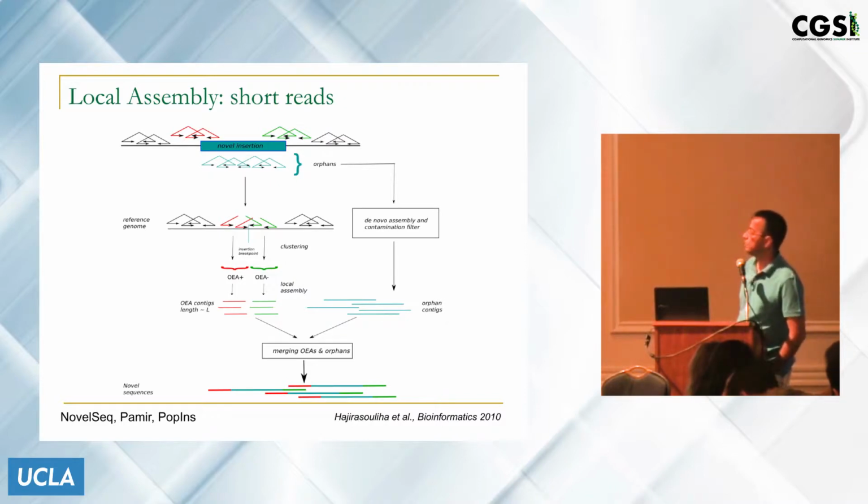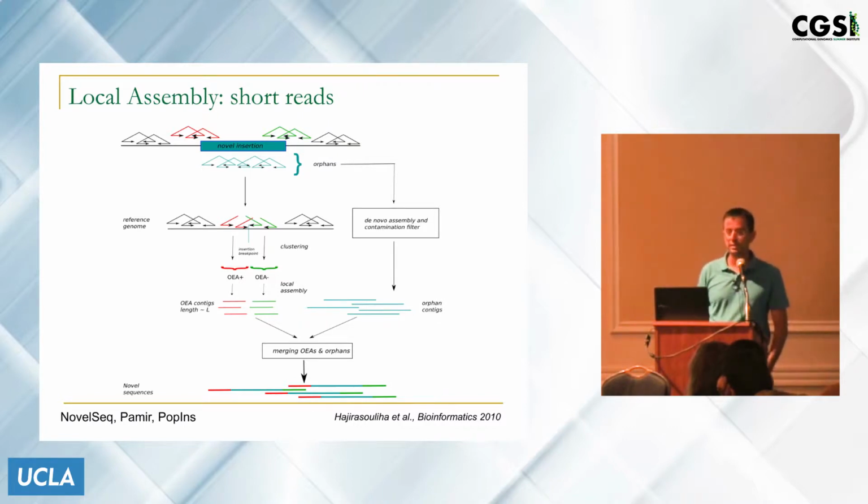You are going to have a bunch of read pairs spanning the left side of the insertion and the right side of the insertion, and only one end is going to be mapped to the reference genome, which we call the one-end anchored reads. And then there are those read pairs coming directly from the insertion. Since this is novel, there is no representative in the reference genome, so they will be unmapped. You take those, we call them orphans, and you pass them through a de novo assembler.